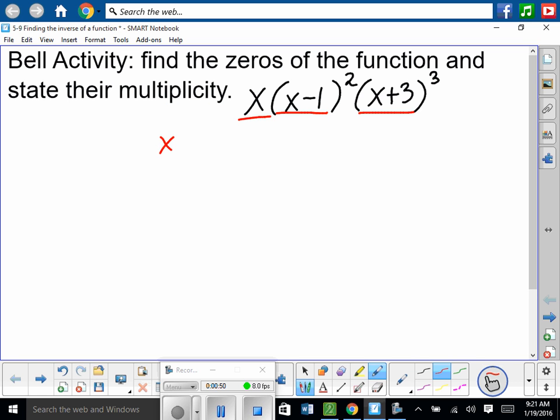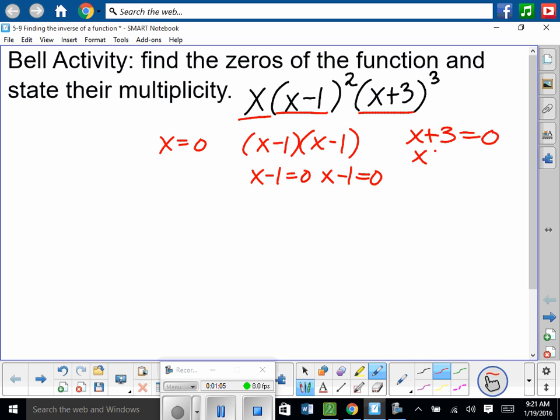So we have x is equal to 0. We have x minus 1 squared, which technically just means x minus 1 times x minus 1. We could set each of those equal to 0. And then we have x plus 3 three times, set equal to 0. If we had to do it out this far, we could.